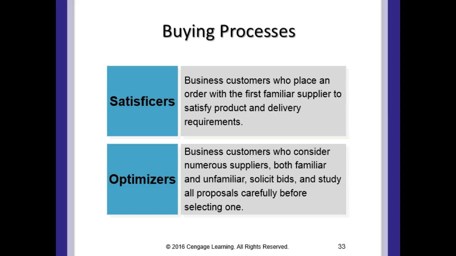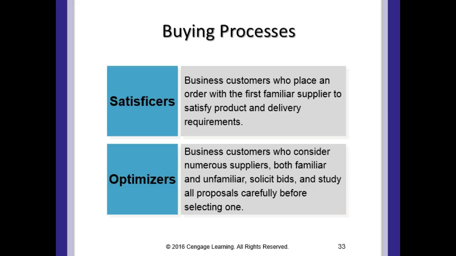I'm going to do two more slides and then we'll stop for this particular video. The buying processes: you have satisficers and optimizers, two different purchasing profiles. Satisficers contact familiar suppliers and place an order for the company with the first one that satisfies their requirements for the product and for shipping.